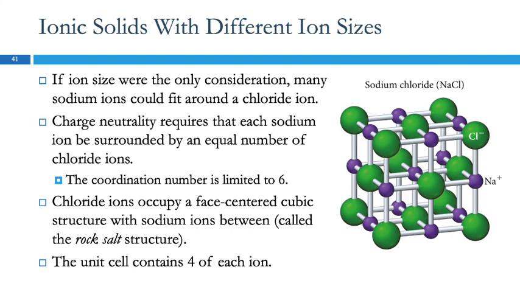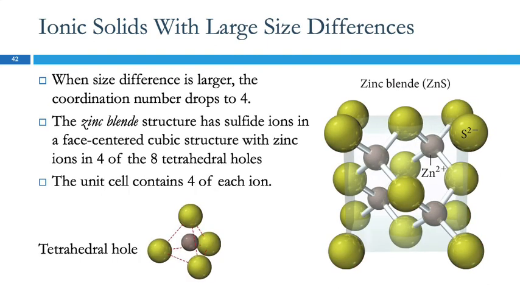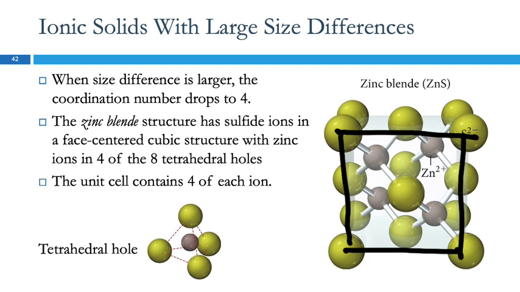So if the sizes are even more different, something like zinc sulfide, here again, let's just look at the sulfide ions to see what kind of a structure this is. So here's one face, and look, there's a sulfide ion in the face.